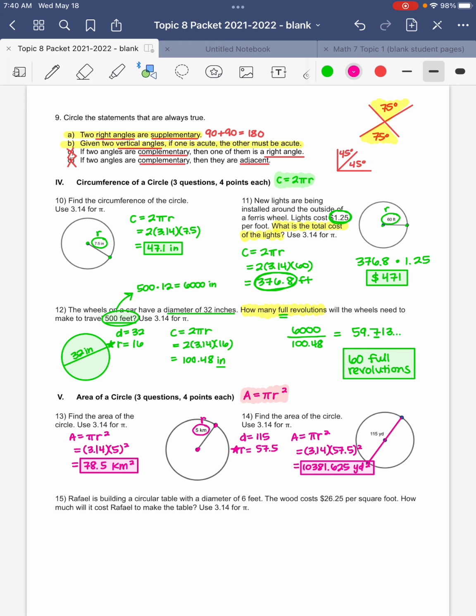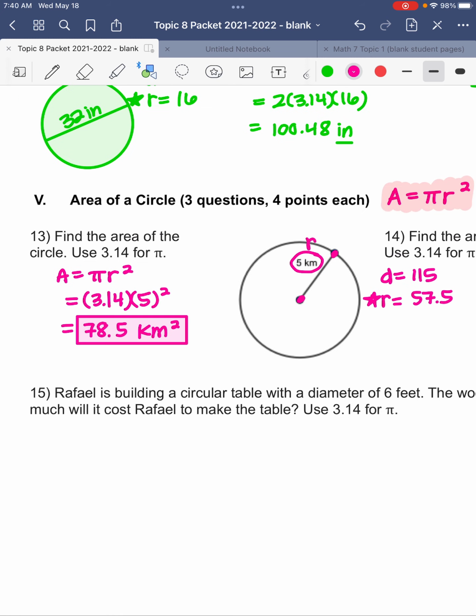Raphael is building a circular table with a diameter of 6 feet. The wood costs $26.25 per square foot. How much will it cost Raphael to make the table? Use 3.14 for pi. So when I have a problem like this, I like to draw a picture. So he's building a circular table. So we have a circle with a diameter of 6 feet.